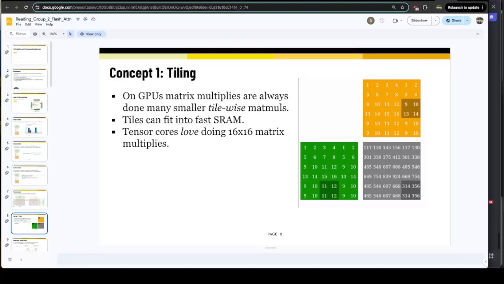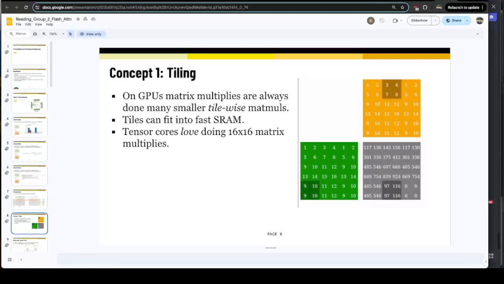If you see on the right, the way that matmuls actually happen is you load some tiles into SRAM, and then once they're in SRAM, you compute even more small matrix multiply accumulates, and once all these things get accumulated, you've done your matrix multiply.